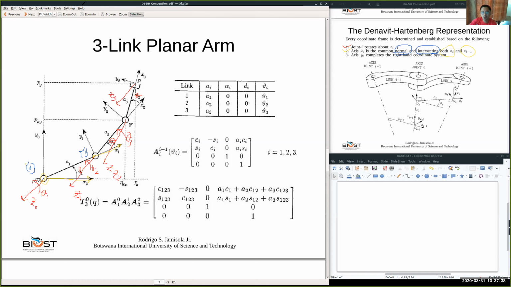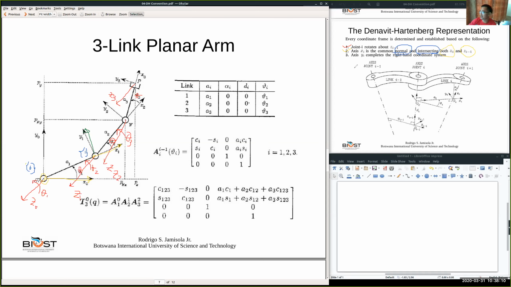Now we choose a different color. The colors are not correct. X should be red, Y should be green, and Z should be blue. But anyway, so now we identify Y1 already.